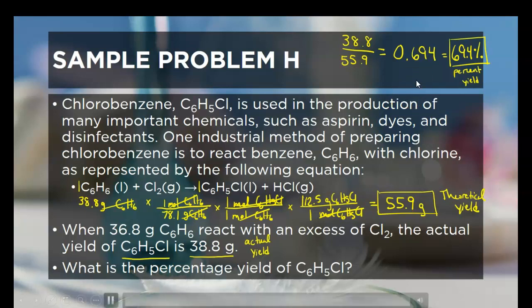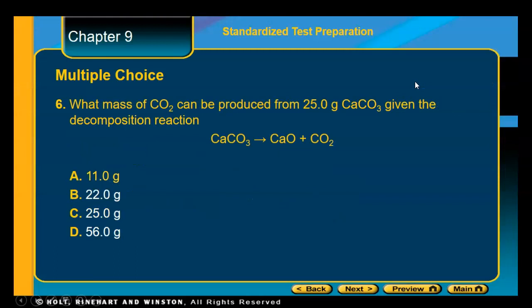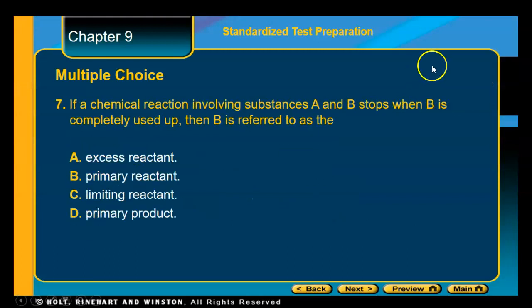So I'm actually going to jump to number 7 here. So real quick, if a chemical reaction involving substances A and B stops when B is completely used up, what would B be then? Limiting or excess reactant? Did you say limiting?